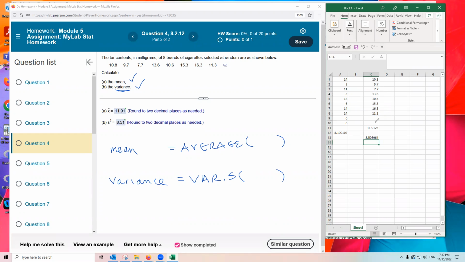So we found out the mean was 11.91, and this variance was 8.5. All right, so Excel will make these kinds of questions quick and efficient to do.